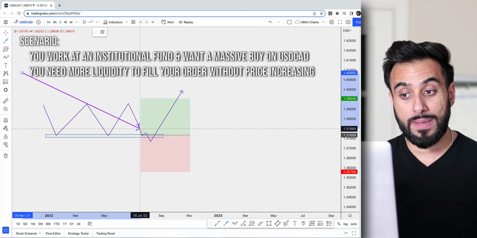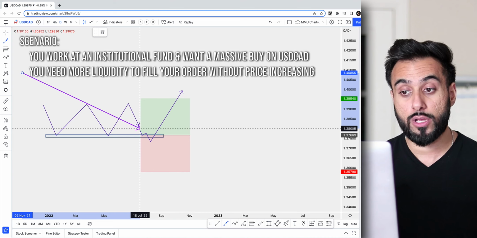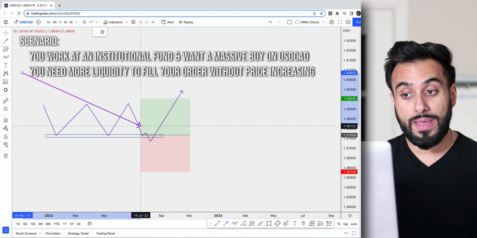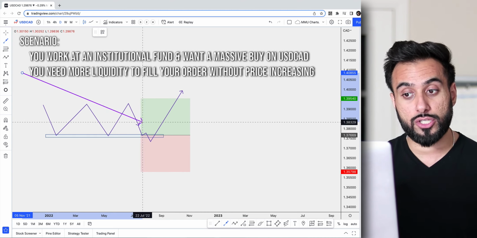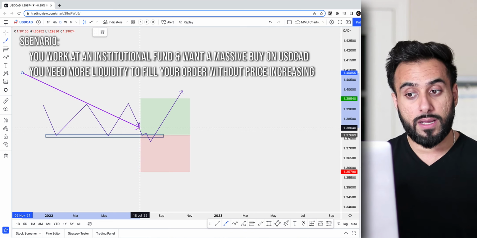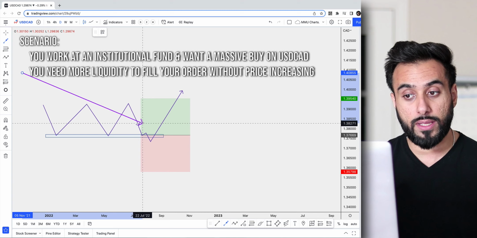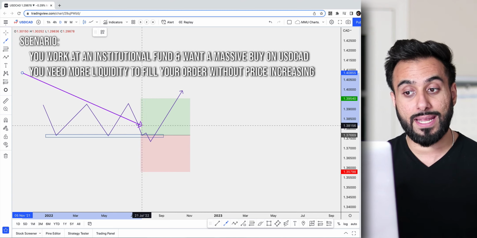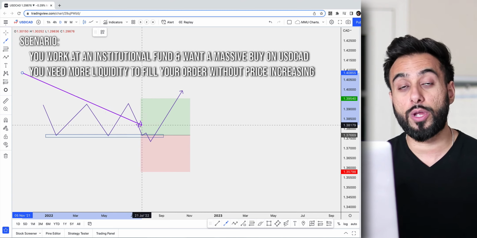Let's say you're putting in millions upon millions or even billions of dollars for a buy, that would make the market go in the up direction. So you wouldn't want to put your buy here because that would drive the market up and you would be getting not an ideal price compared to what you could have.